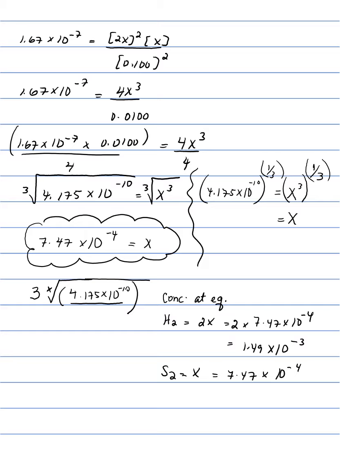You can do in your calculator 0.100 minus 2 times the value of x, which is 7.47 times 10 to the minus 4, and you will see that you get a number that is extremely close to 0.1.